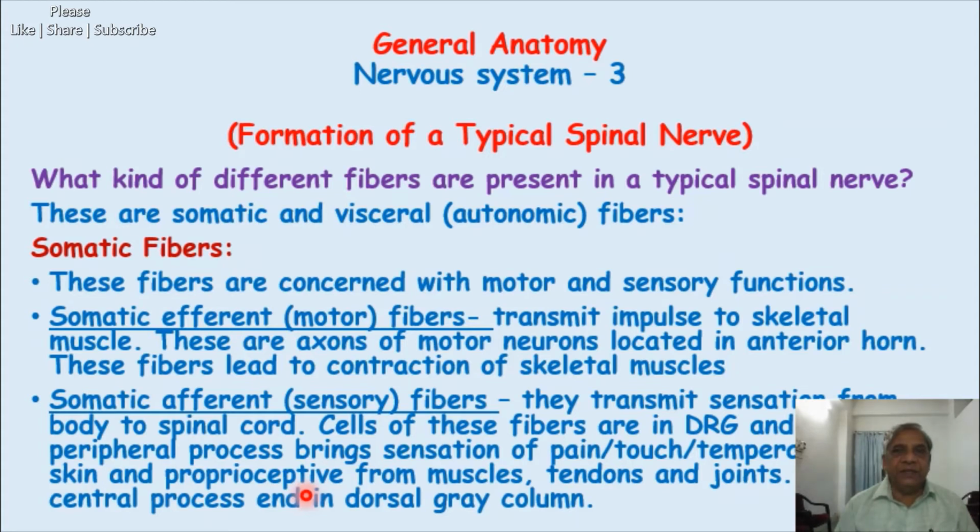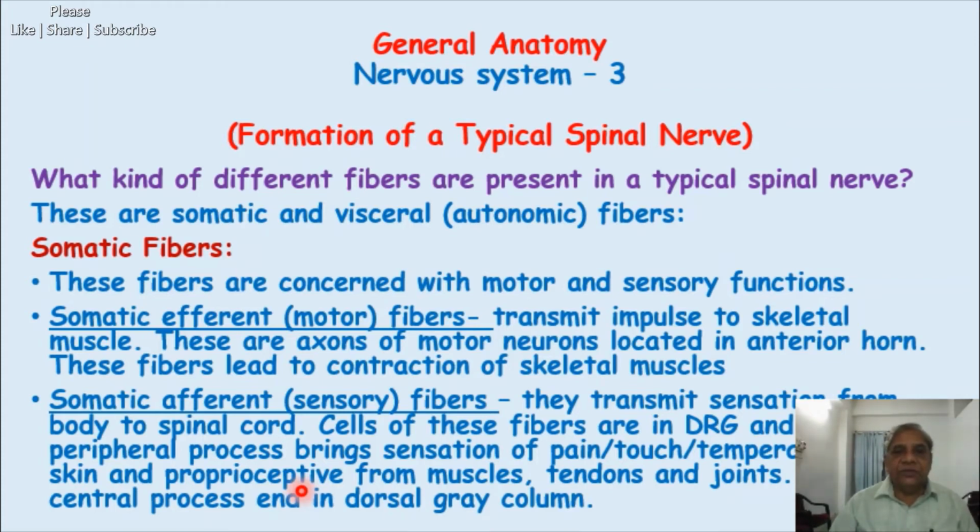For example, pain in a joint because of tearing of a ligament or stretching of the capsule because of excessive movement. When you start crossing the limit of a movement, say flexion, extension or rotation, the nerve starts sending the impulse towards the spinal cord and then to the brain.